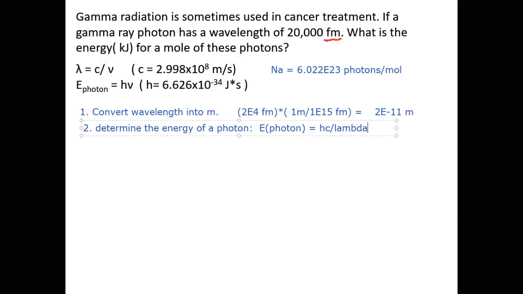So this is going to be the energy of one photon.